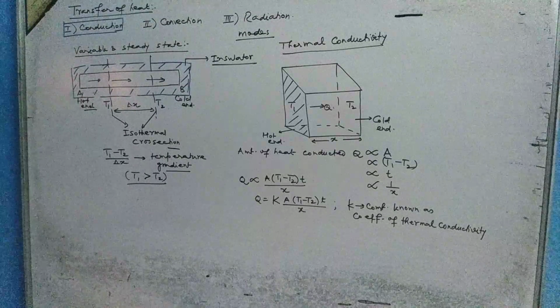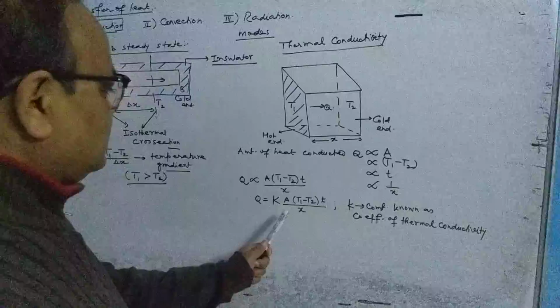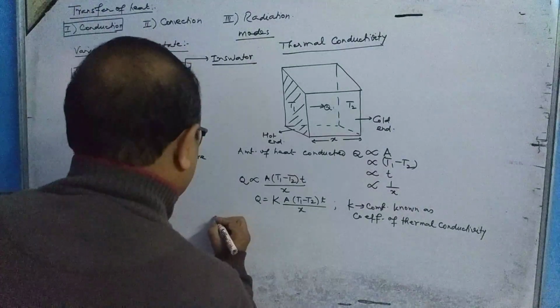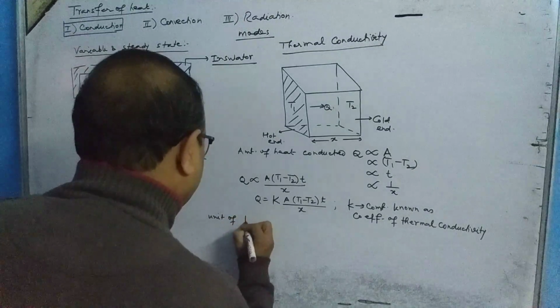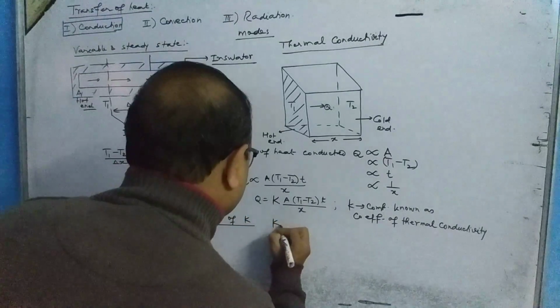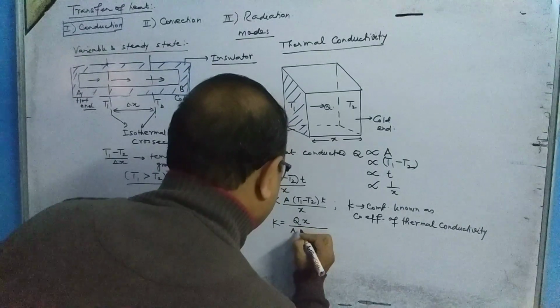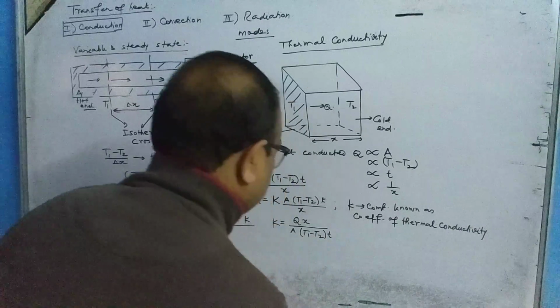Now you can very easily find out its unit. Unit of K is equal to Q into x by A into T1 minus T2 into t.